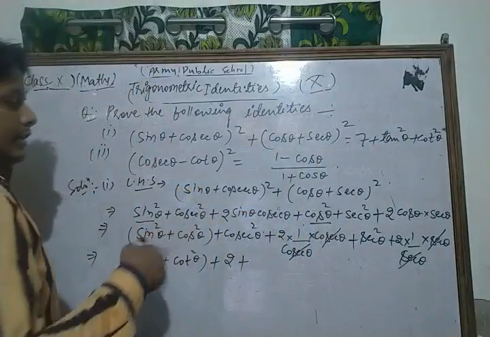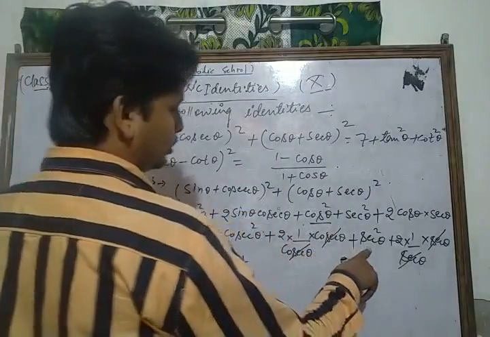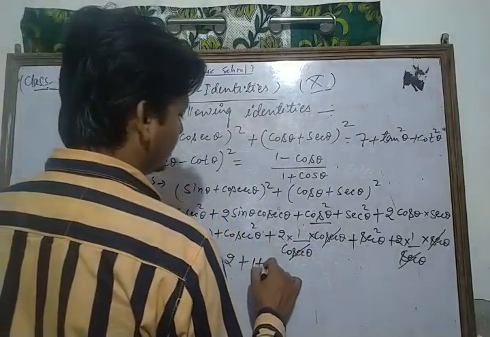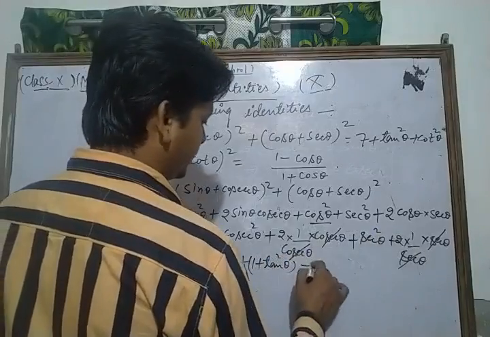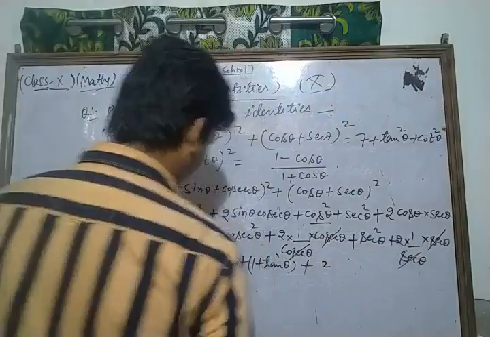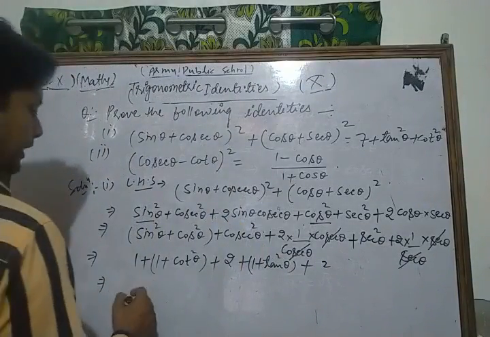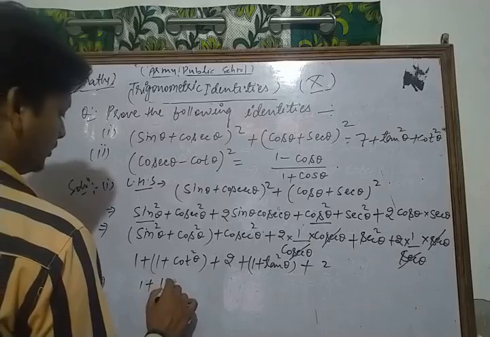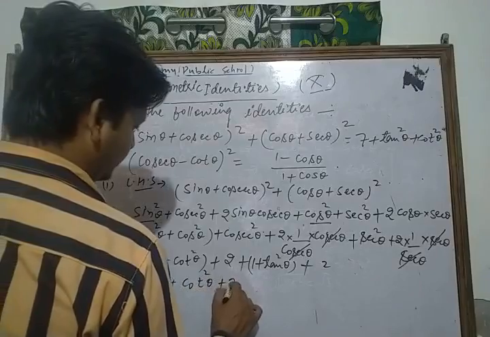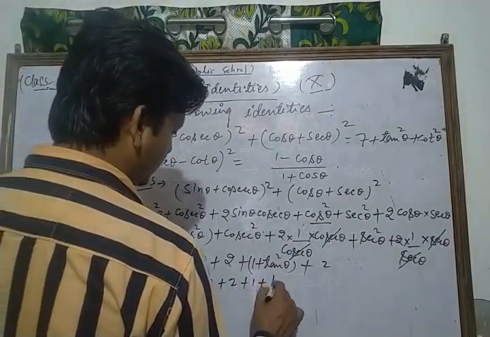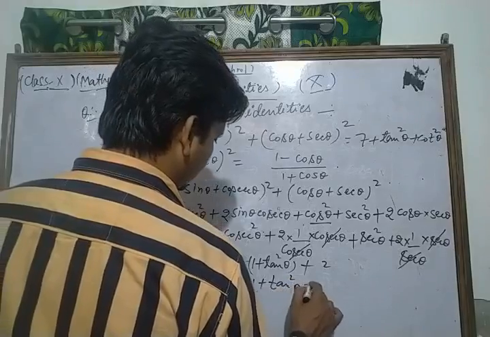So we convert to sec square theta by writing 1 plus tan square theta using the identity, and plus 2 as it is. Now we break the brackets: 1 plus 1 plus cot square theta plus 2 plus 1 plus tan square theta plus 2.